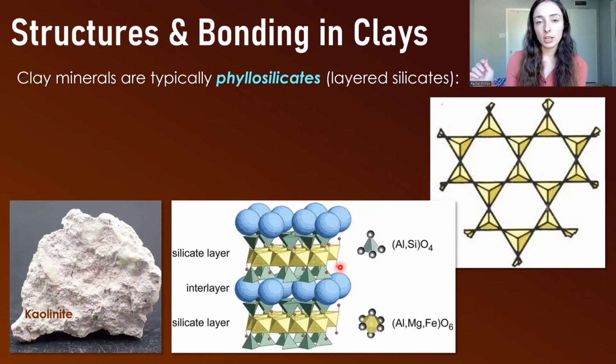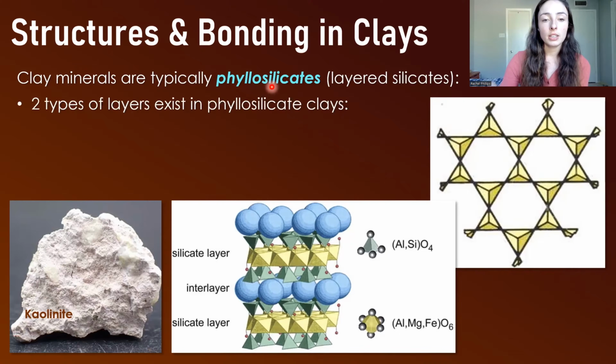So, clay minerals, they're typically what we call phyllosilicates. I called them in the previous clay video aluminosilicates because they contain aluminum and silica, but remember, that's using terminology that defines them based on their composition, so they're aluminum and silica rich, but we can also define them in terms of their structure. So they are silicates, but phyllo means that they're layered silicates.